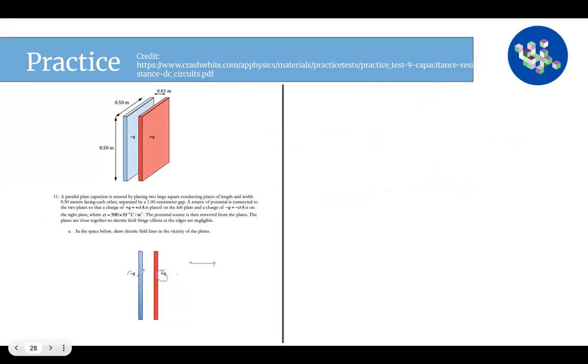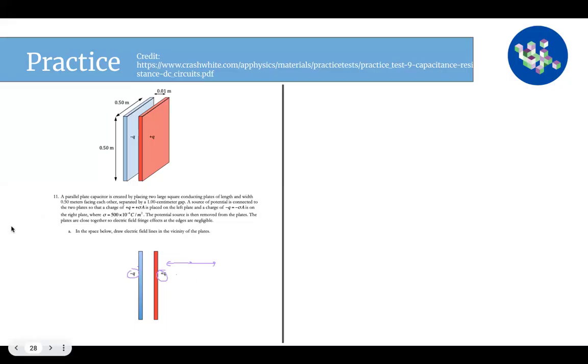Due to this plate over here, there will be an electric field pointing exactly in the opposite direction, and also exactly the opposite magnitude, because these are two infinite plates. So in the region outside of the capacitor, there's zero electric field.